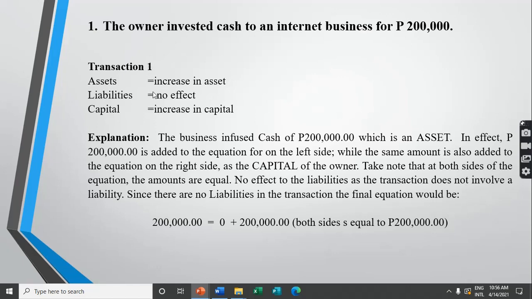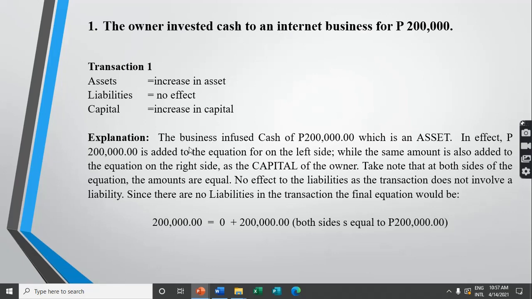So, meaning, nadagdagan yung cash niya. Okay, nadagdagan ba yung liabilities niya? May binanggit ba dito na utang ng company? Wala, di ba? So, magiging walang effect dito sa liabilities. Pero, ang tanong, nadagdagan ba yung capital niya? Nag-invest siya, from the word investment. That is considered your capital. Di ba? So, nag-increase yung capital niya.